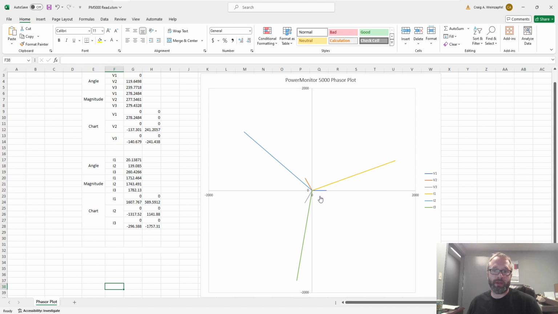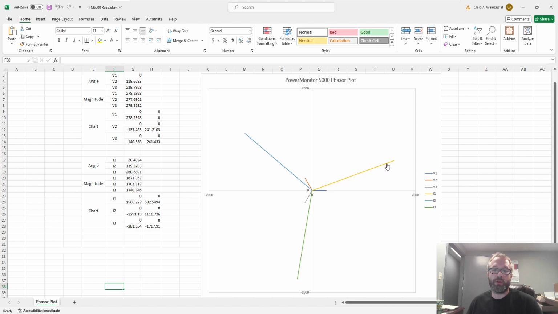Voltage of line 1 is in this dark blue, then voltage of 2 is in the red. It's about 120 degrees out. Then line 3. And then the larger magnitude vectors are the current.